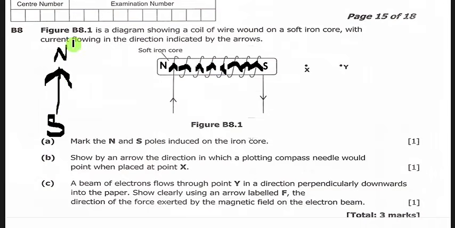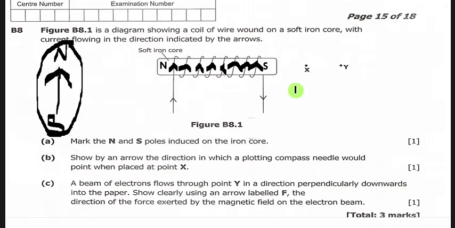So if you brought the compass to this point, where this one is south, the pointer will face this way, where there is a south, because the north of the pointer and the south attract each other.